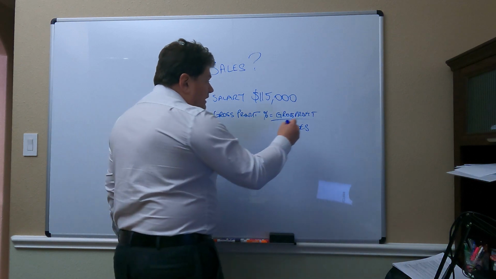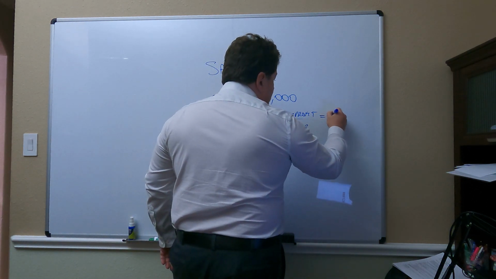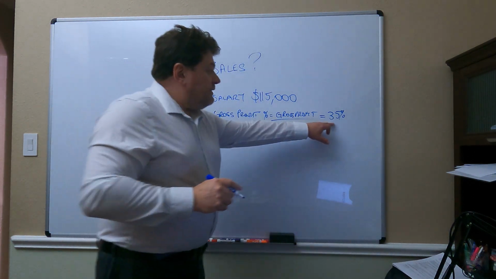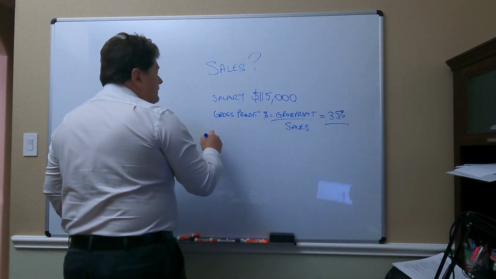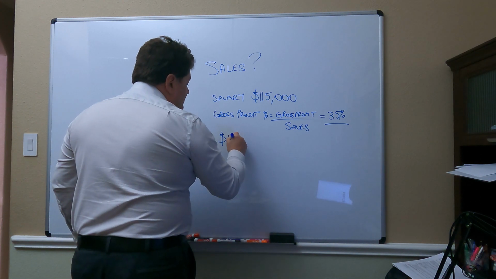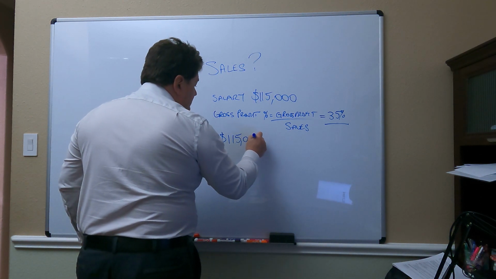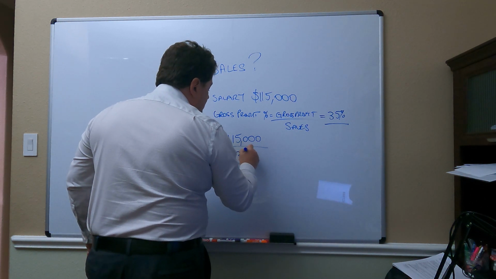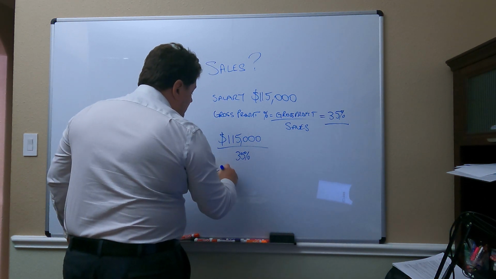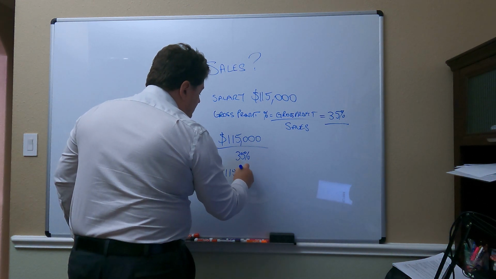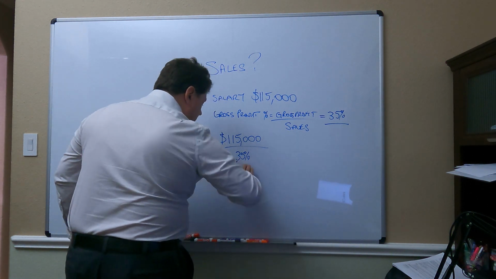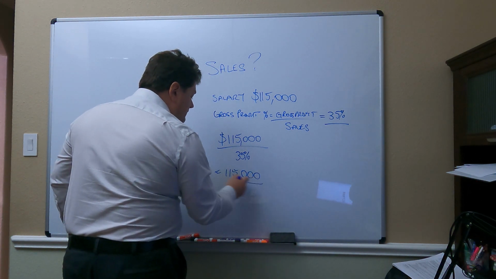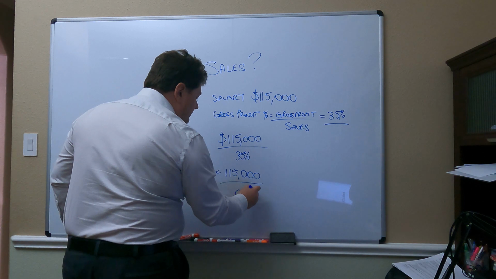So let's say that our gross profit percentage, when we figure that out, is 35%. We would take our cost, which is $115,000, and divide that by 35%, which is 115,000 divided by 0.35.